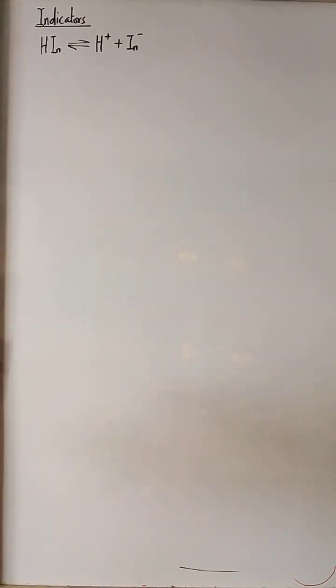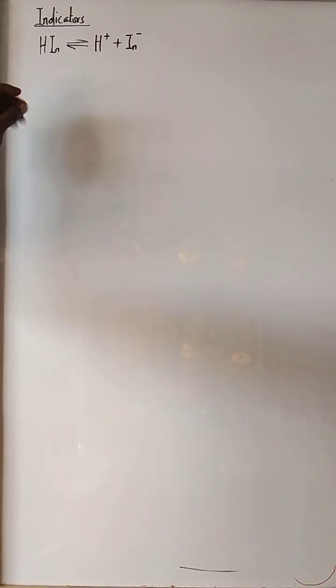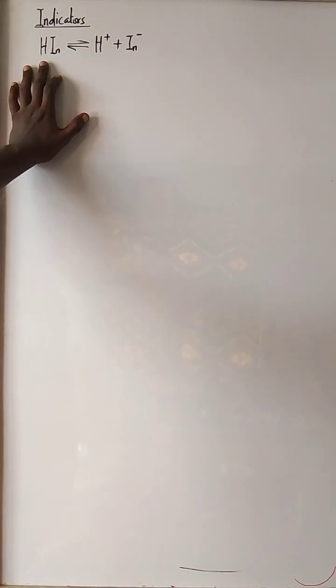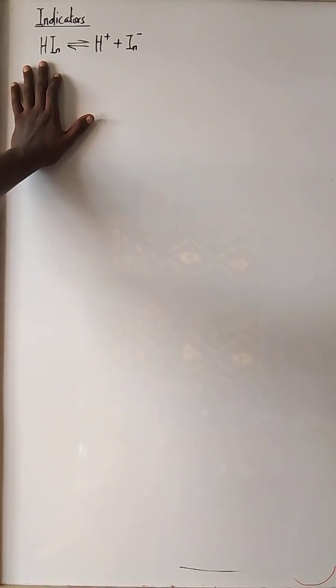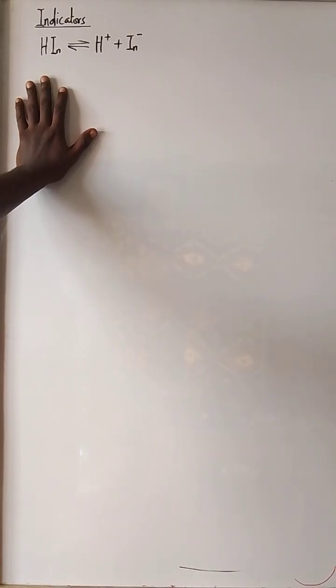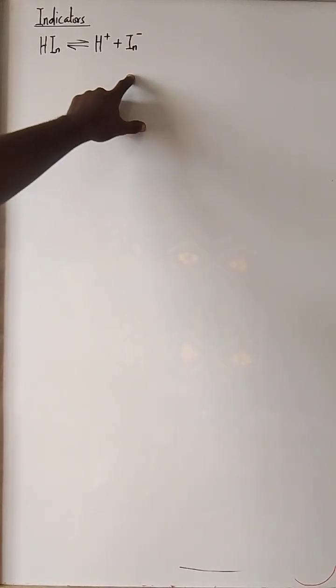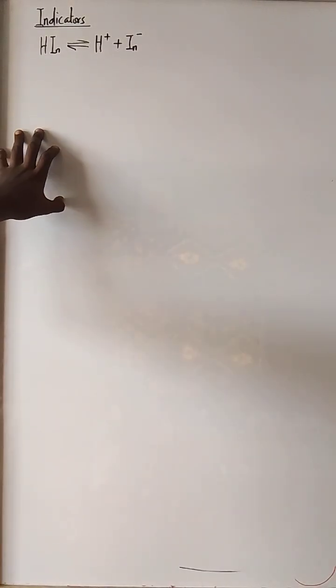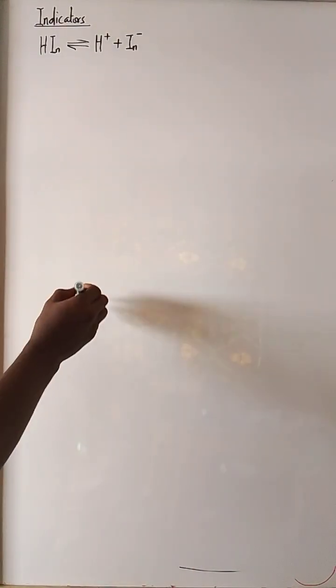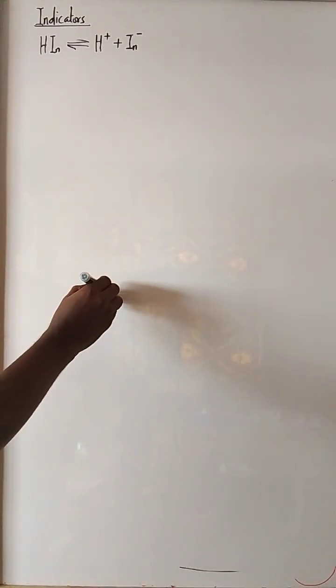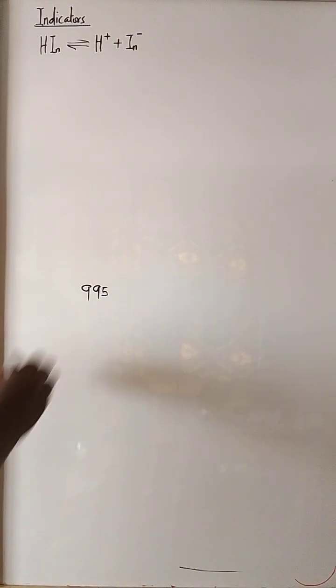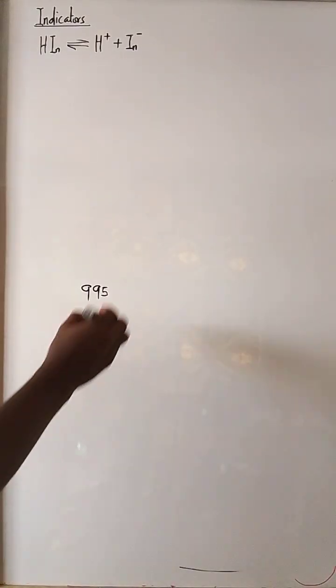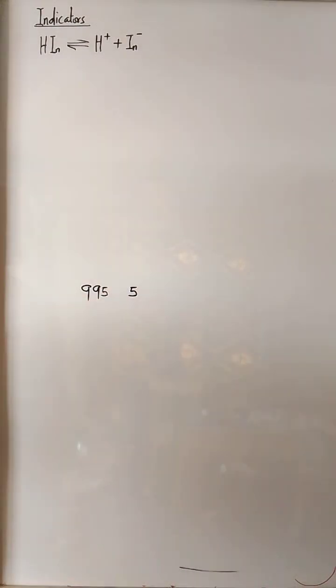Now, suppose you have, let's say, 1,000 molecules of a particular organic acid, which is an indicator. Out of that 1,000, only a few will ionize and the remaining will not ionize. So out of 1,000, let's say 995 did not ionize. Only 5 ionize.